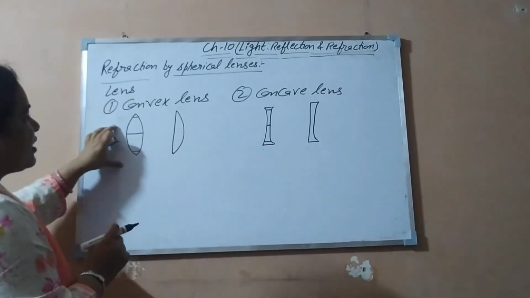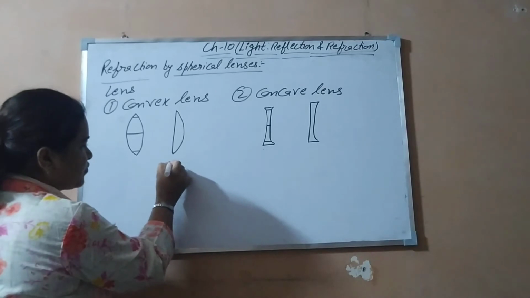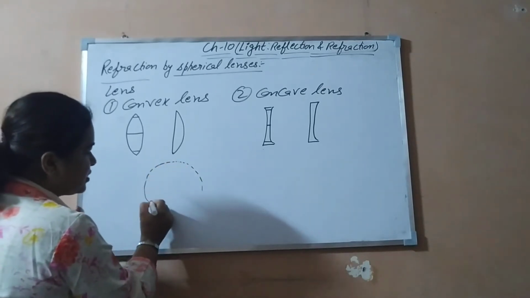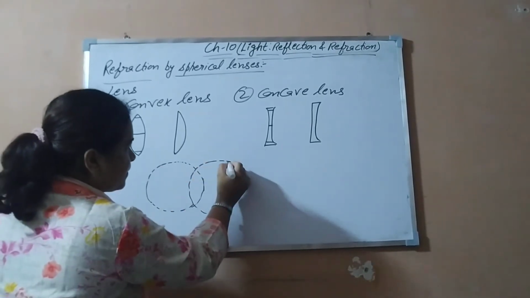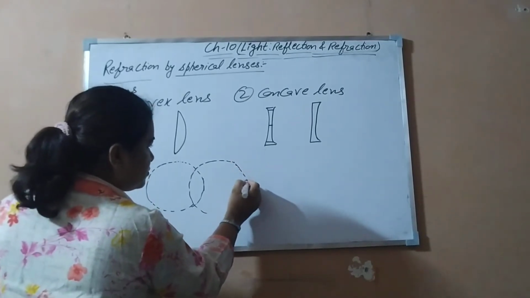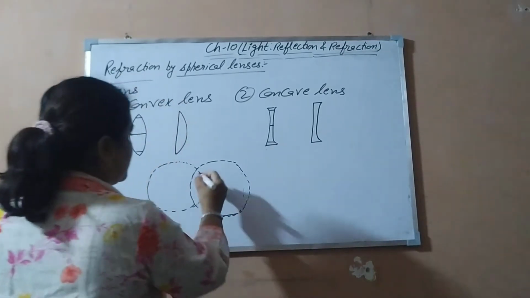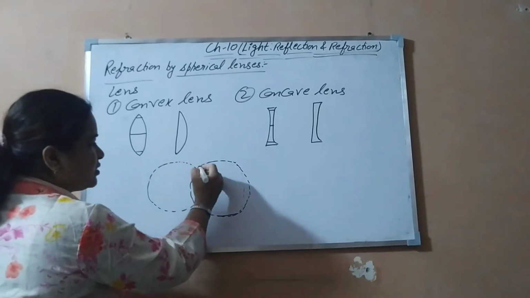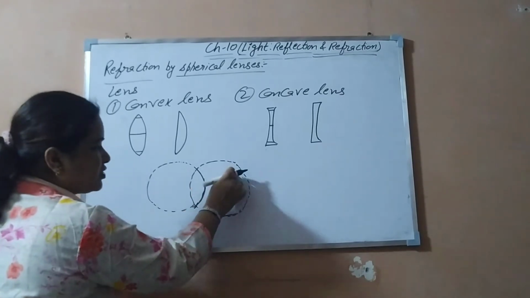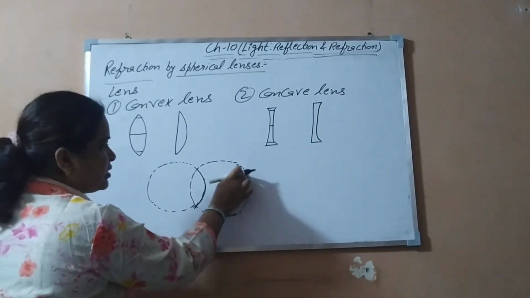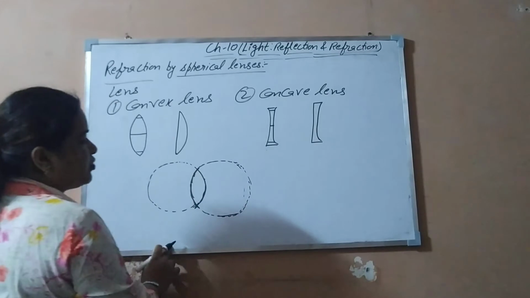So how is a convex lens formed? To form it, we take hollow glass spheres. When two hollow glass spheres are joined together like this, their refracting surfaces overlap, and one surface comes out of each sphere when we cut. So we get a lens.